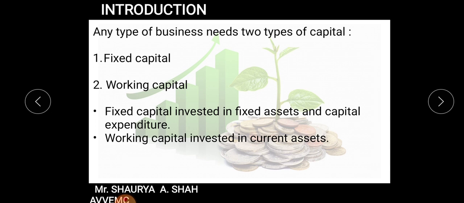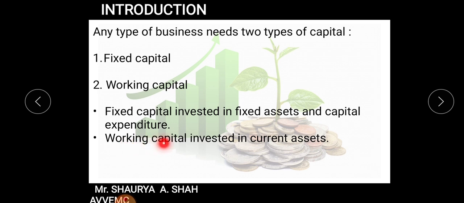The second part of it is your working capital. What do you mean by working capital? The capital which is invested in current assets, right? As you must know, current assets mainly include stock, debtors, bills receivable, cash, bank balance, and so on and so forth. All those things comprise your working capital. Now, in order to keep the fixed capital intact, working capital is necessary.